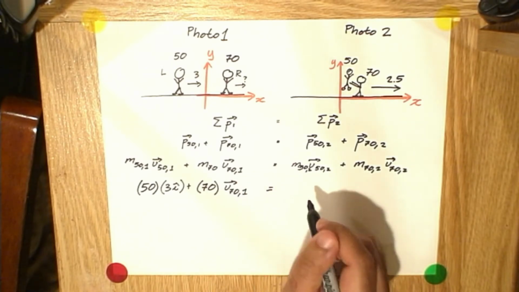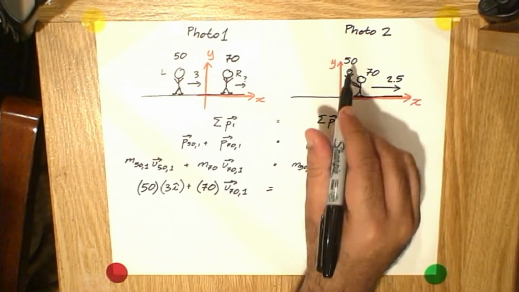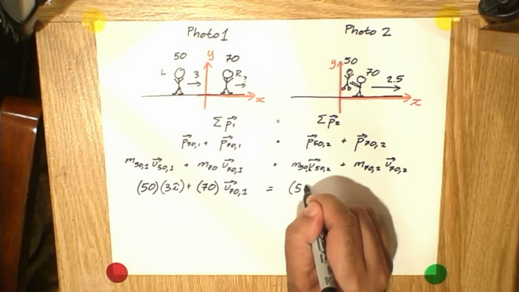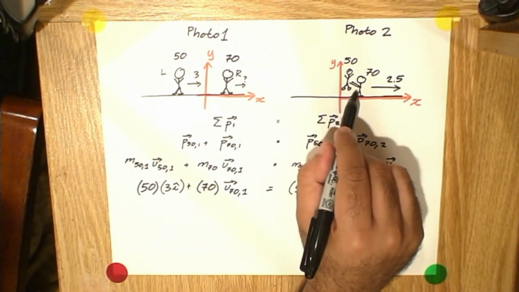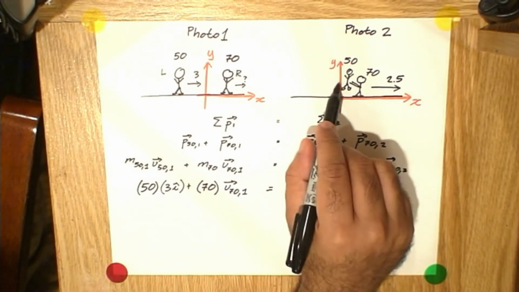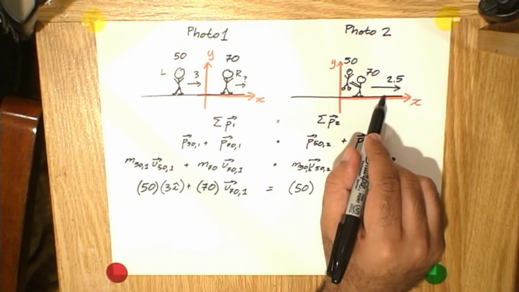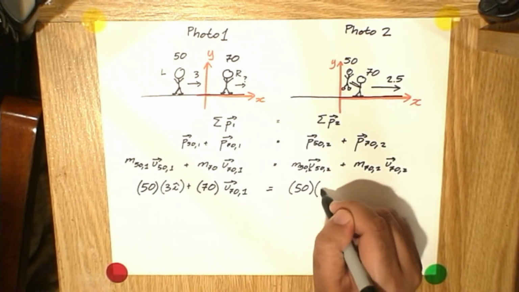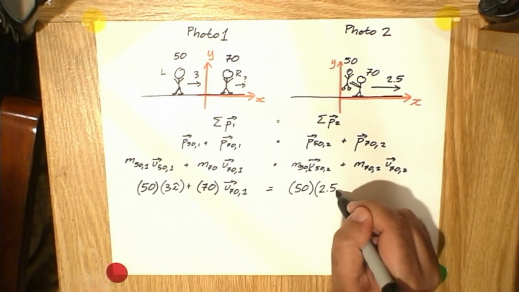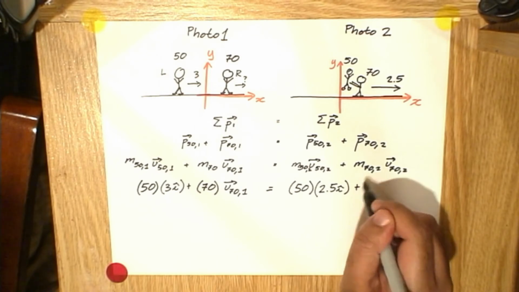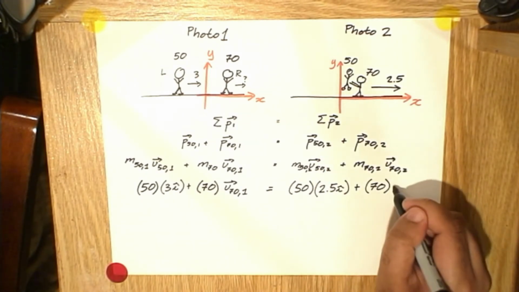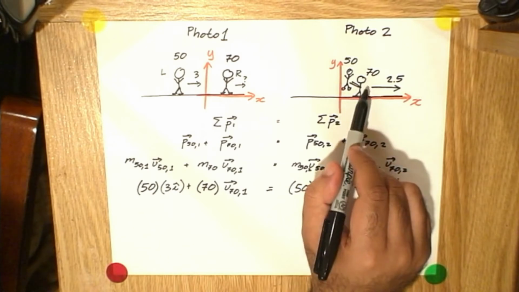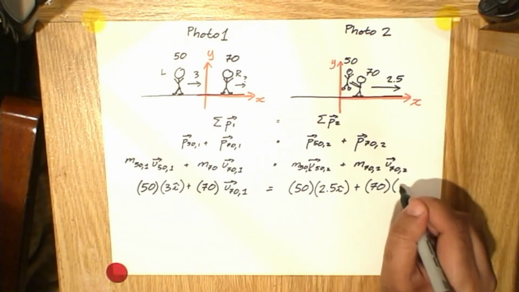All of which is equal to the mass of the 50 in photo 2, which would still be 50, times the velocity of the 50. Now these two characters are moving together, so their velocity is going to be the same. It's 2.5 meters per second, and that too rightwards. So 2.5 i hat, plus mass of 70 times velocity of 70, which is, since they're moving together, again 2.5 i hat.